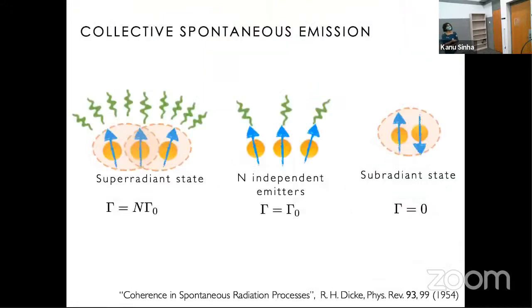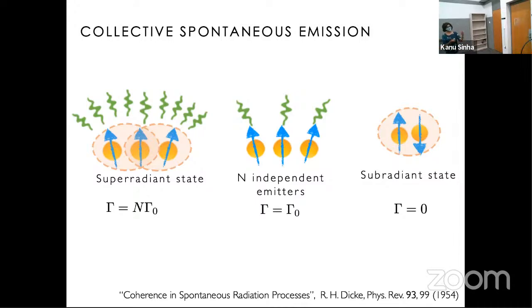All right, so as we know, collective effects have been studied in the context of spontaneous emission for a while. And if, let's say, we have n emitters that each emits independently with a rate gamma 0, this emission rate can be enhanced or suppressed by preparing the emitters in a superradiant or a subradiant state.